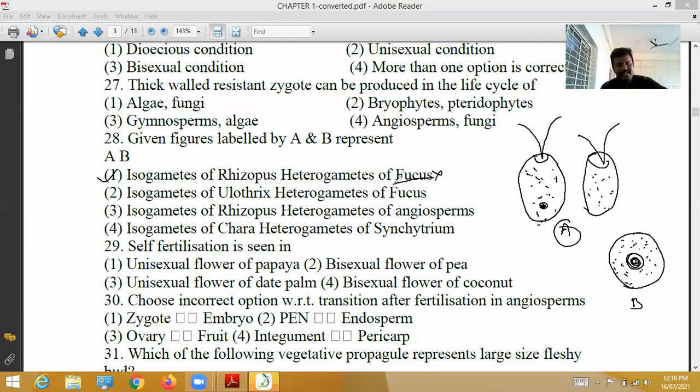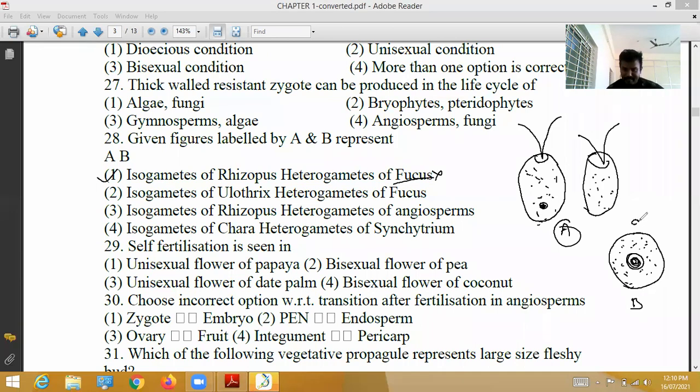Next, isogametes of Ulothrix. This diagram is already given in the textbook. If you have textbooks, have a look at that. In this B combination, one more diagram we have to draw.